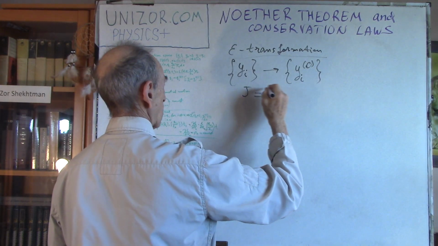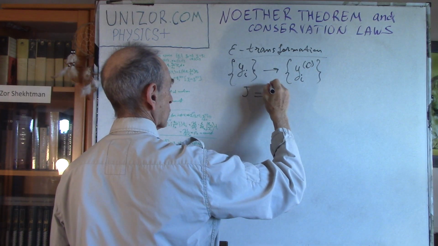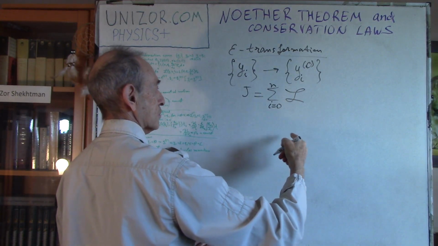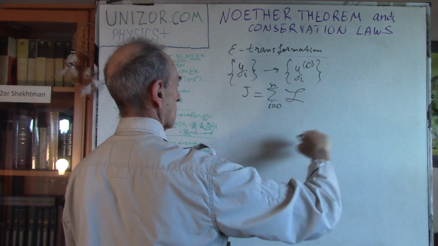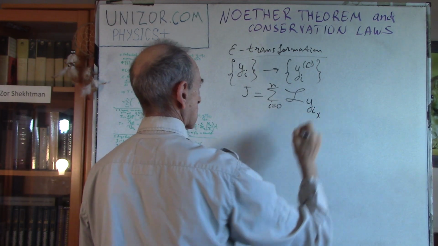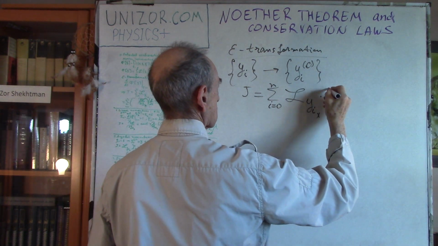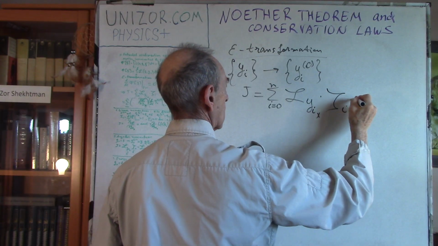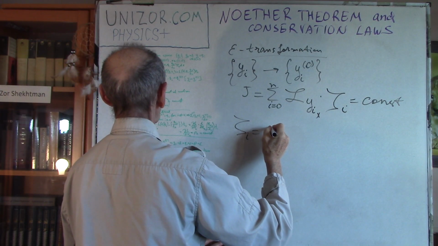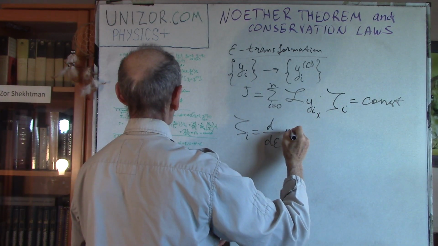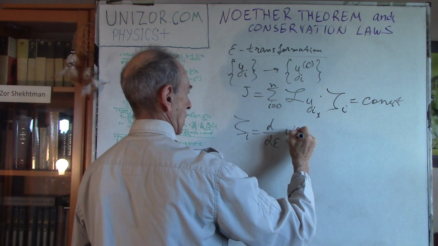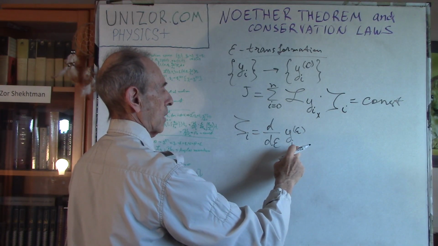Something which we call J, which is equal to the sum over i from 0 to n of a function which contains the Lagrangian times derivative of t by x, derivative by y_x, times zeta_i, equals a constant, where zeta_i is the derivative by epsilon of y_i of epsilon.